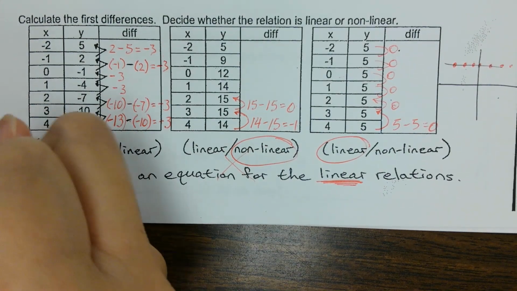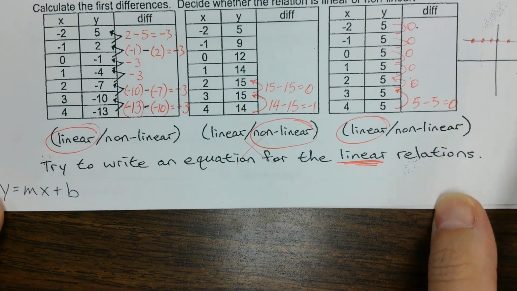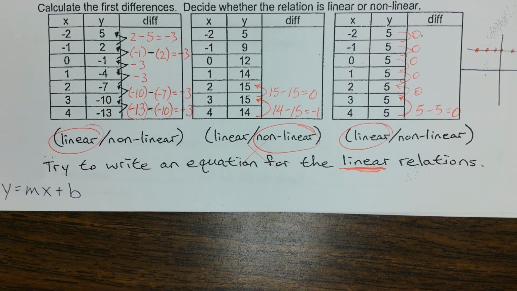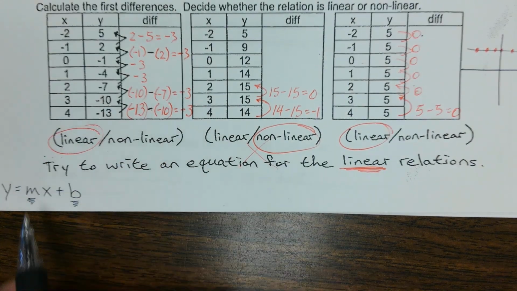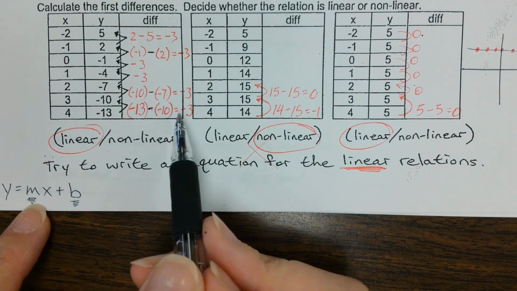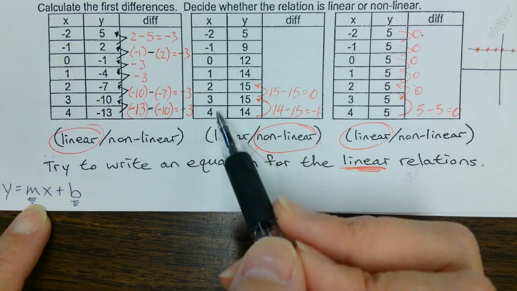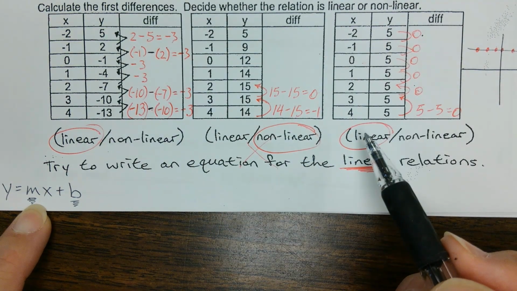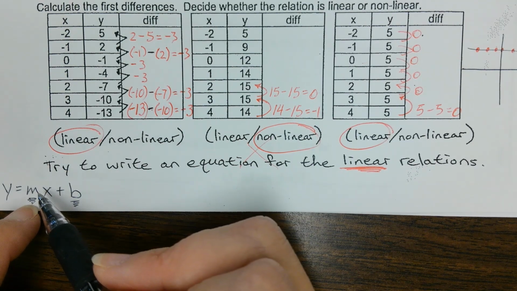You guys heard of y equals mx plus b? Yeah, we actually talked about it a few days ago. The m is basically your first difference if your x goes up by one, because your m is the rate of change.